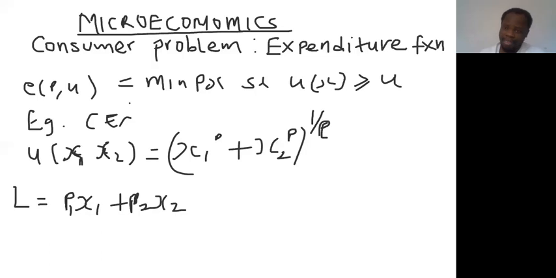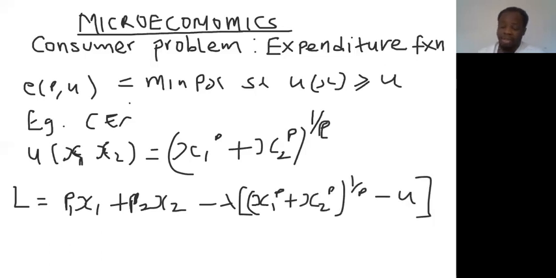Because it is a minimization problem, we subtract lambda times the bracket (x1^φ + x2^φ)^(1/φ) minus u. It's okay. So now this becomes our Lagrangian function.